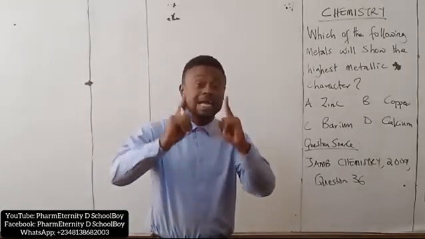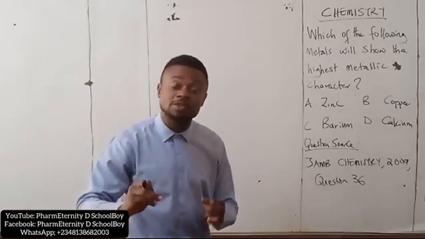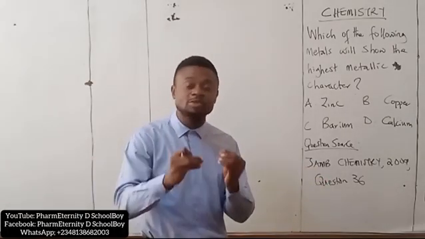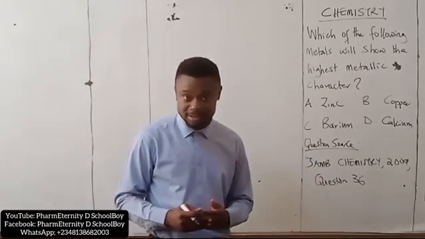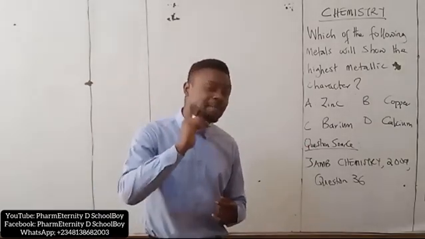The most important thing is that they have the ability to lose their outermost electron. They ionize by losing their outermost electron in order to enter into bonding. It is a very important property.